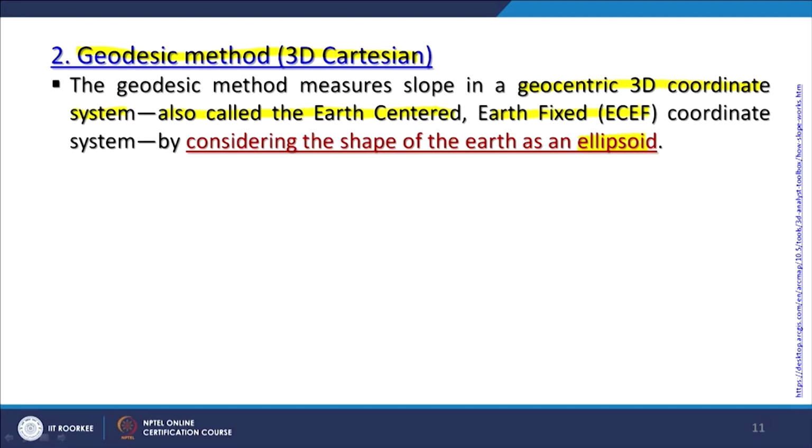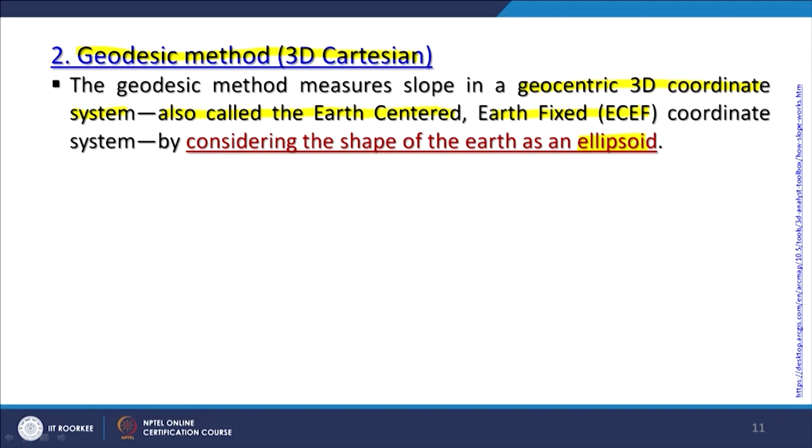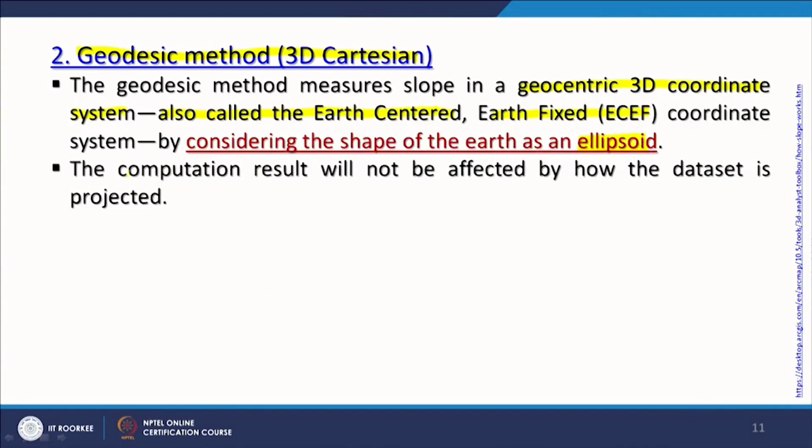This concept is also valid in navigation systems like GPS or BeiDou or NavIC of India or Galileo or GLONASS. There also different ellipsoids are used. Not all navigation systems use the same ellipsoid. But GPS, for example, uses this ECEF concept, that is earth-centered, earth-fixed coordinate system, because there also a 3D Cartesian coordinate system is required.